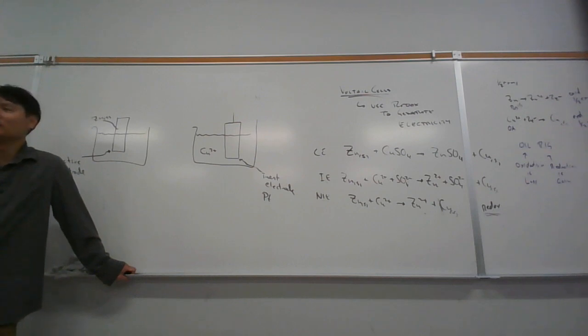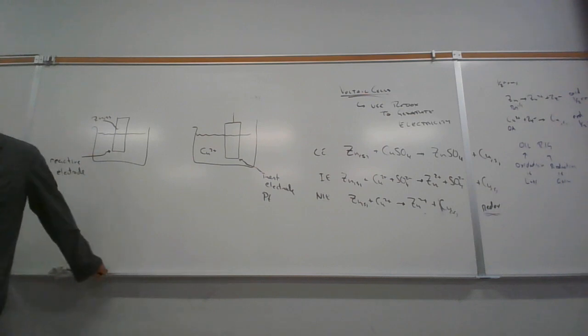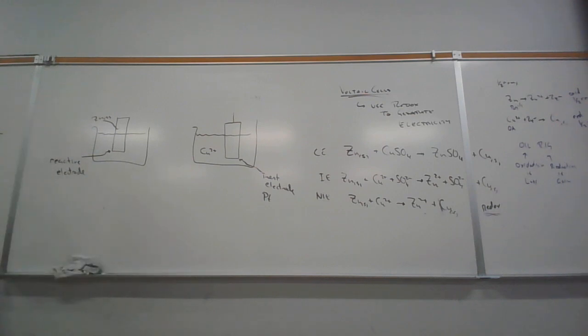What would be another inert metal on the periodic table? Not totally inert, platinum is not 100% inert. Inert just means unreactive. Lead is pretty reactive. Lead will be reacting with lots of different things.